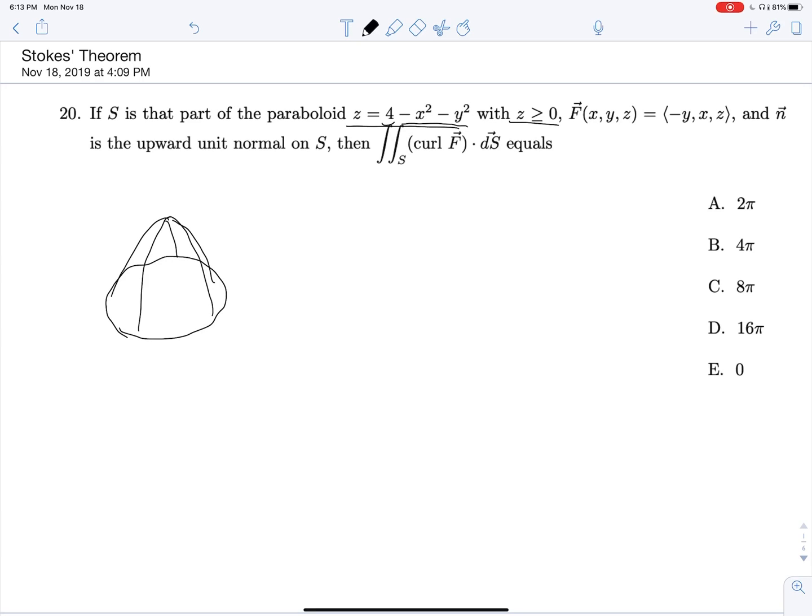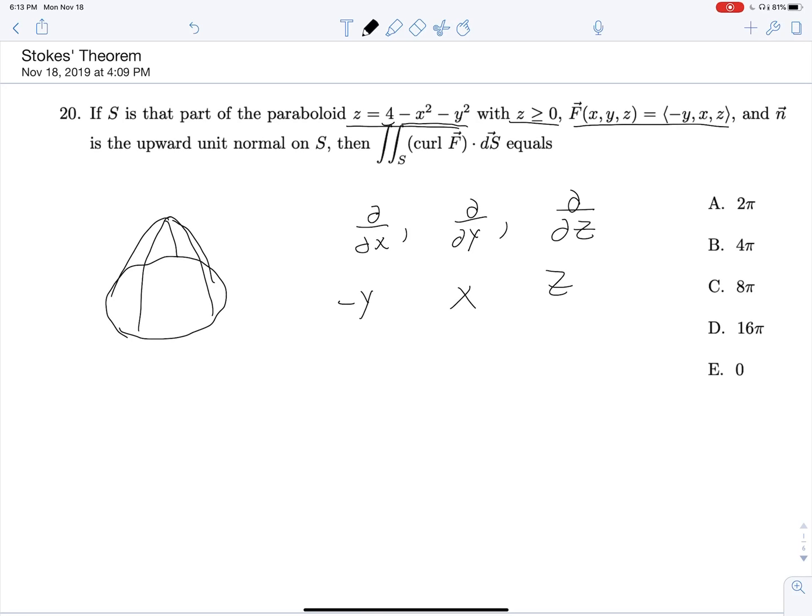So we see that f is relatively simple. We're not dealing with anything that looks too crazy in there. So let's try taking the curl, see where that leads us. So the curl of f we know is del cross f, and we can set that up as partial x, partial y, partial z crossed with negative y, x, z.